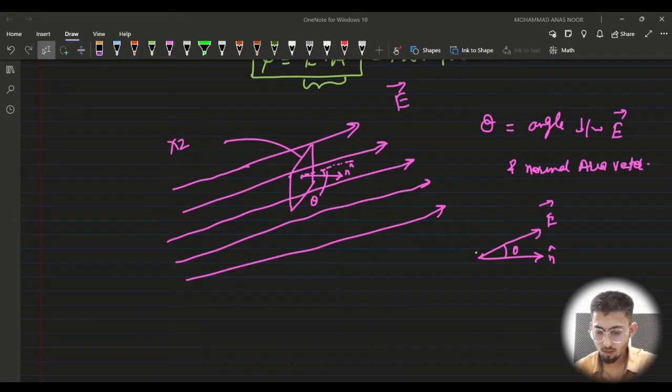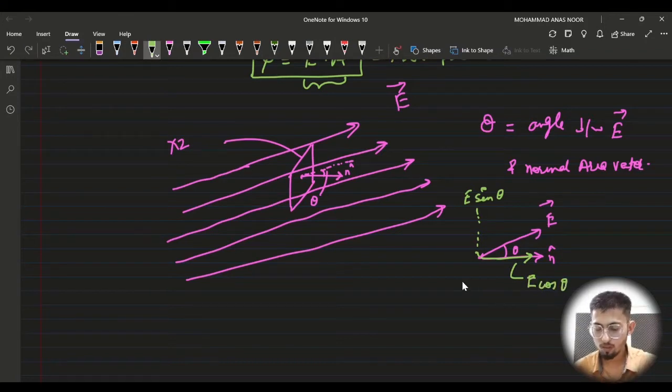So I was telling that this is the angle theta between the electric field and the normal area vector. If you resolve E into two components, this would be E sin theta and this one would be E cos theta.